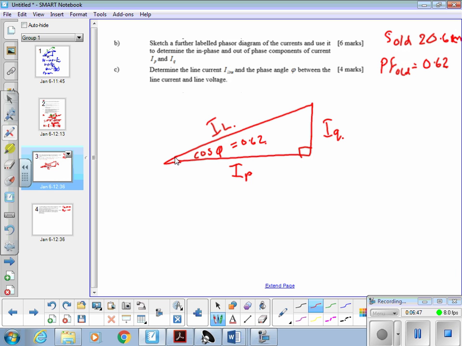And which ones from the question do we know at all? Any of them? No? Okay. How are we going to tackle that then? What else do we know from the question?